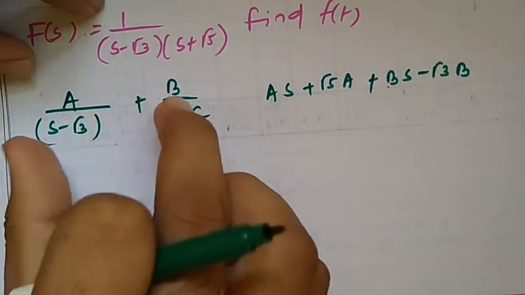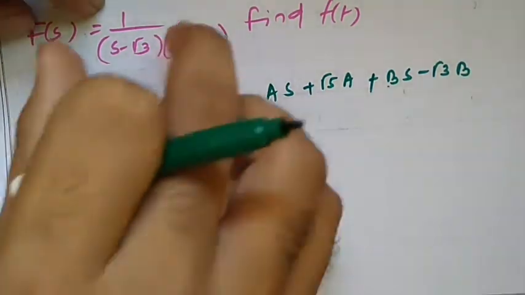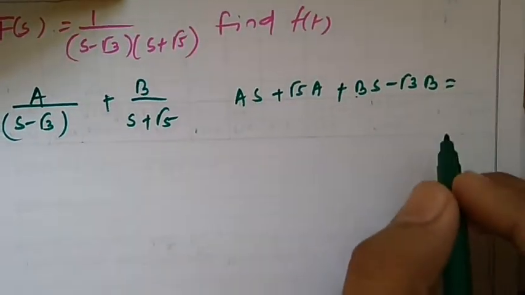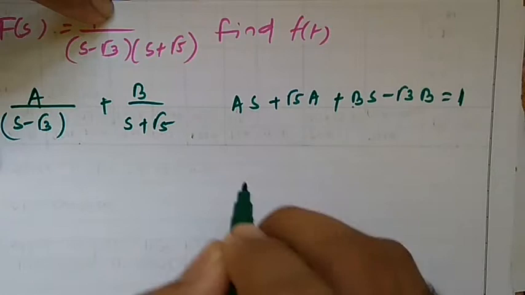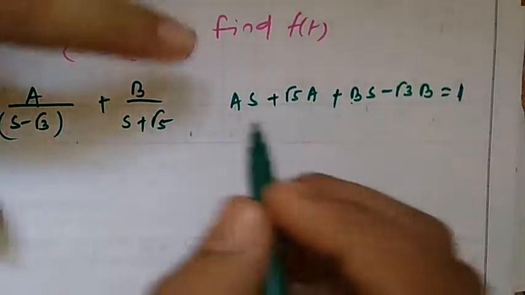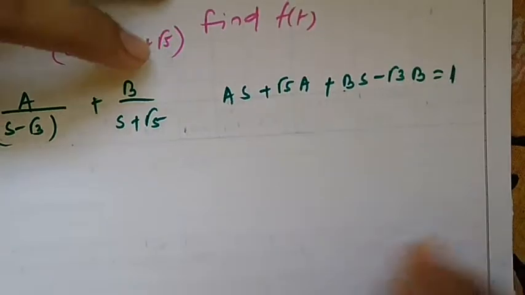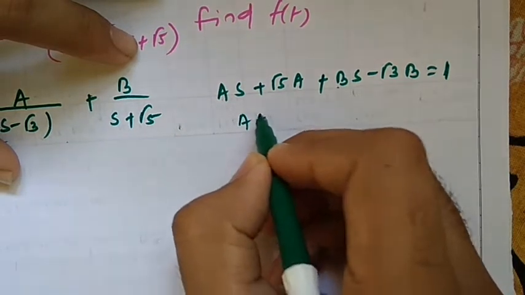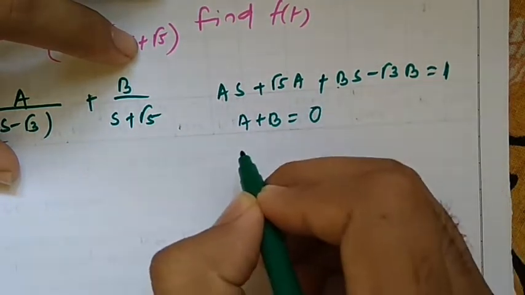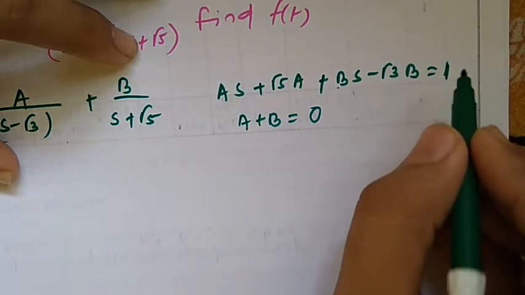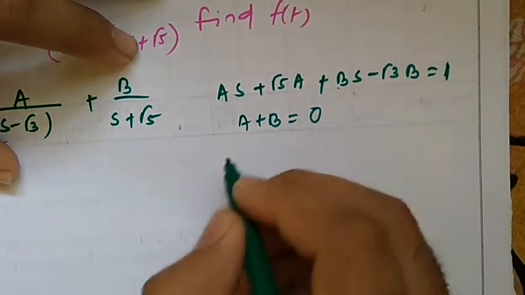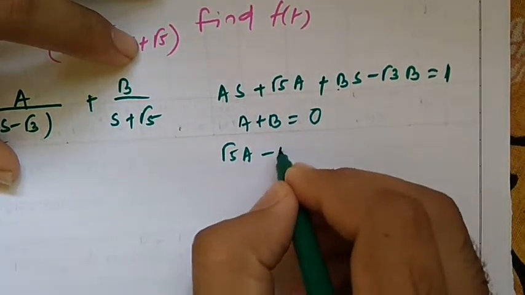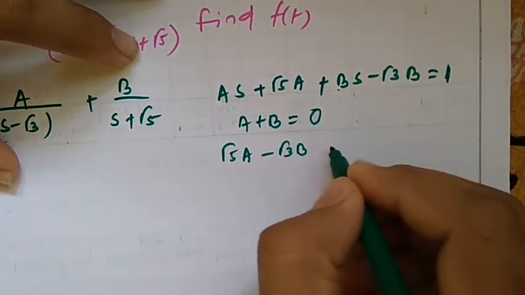If these two are the same, then by equating coefficients, the coefficient of s on this side is zero, and on the other side it is A plus B, equal to 0. Equating the constant terms, this is root 3 A minus root 3 B, and on this side it is 1.